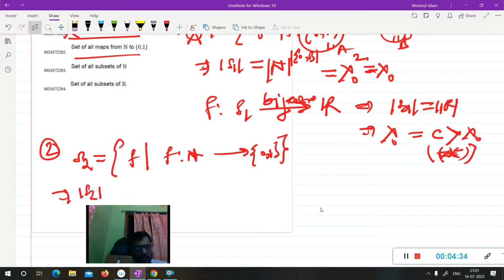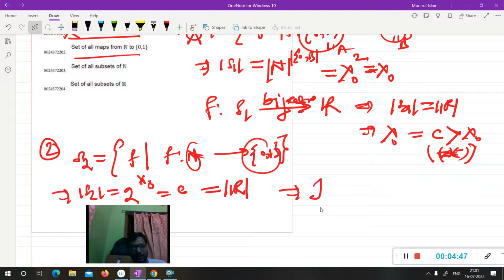The cardinality of S2 is the cardinality of B to the power cardinality of A, where A is N and B is {0, 1}. The cardinality of B is 2, and the cardinality of the natural numbers is aleph naught. So 2 to the power aleph naught is the continuum, which is the cardinality of R. So you can say there is a function f from S2 to R such that f is bijective.